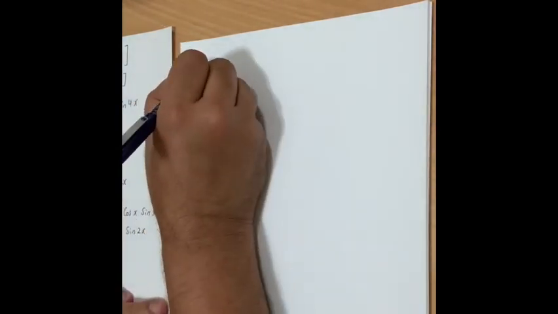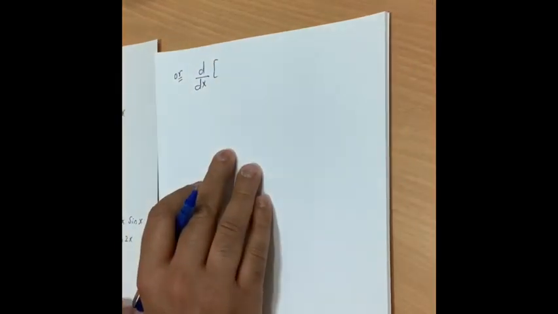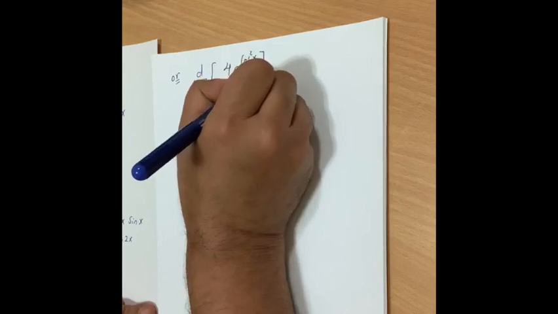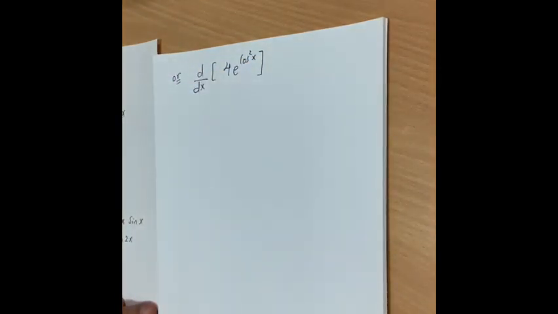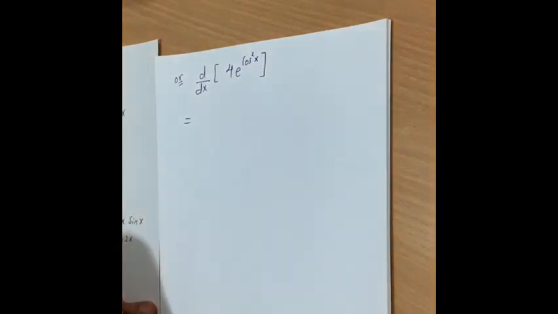See, another way: d by dx of 4 e power of cosine squared x. What you're supposed to do: the derivative of e is the derivative of the power times itself. So you keep the 4 as it is without any change.